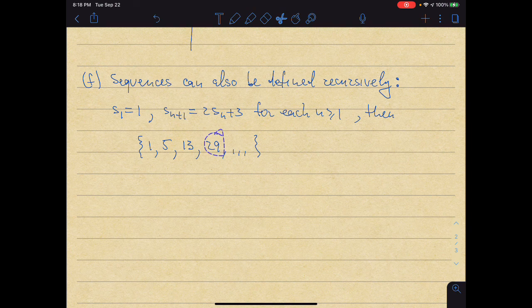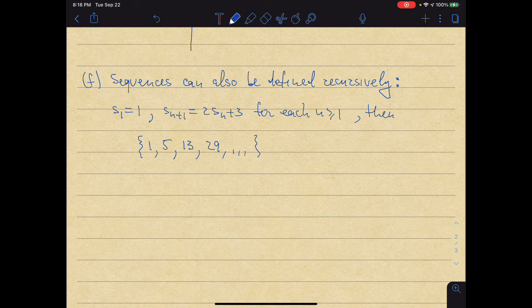So I have to follow this recursive chain of computations to figure out what the nth element is. So maybe I will not be able to produce a formula for Sn, but as we will see later on, nevertheless, we will still be able to conclude certain things about the behavior of these sequences when n is large.